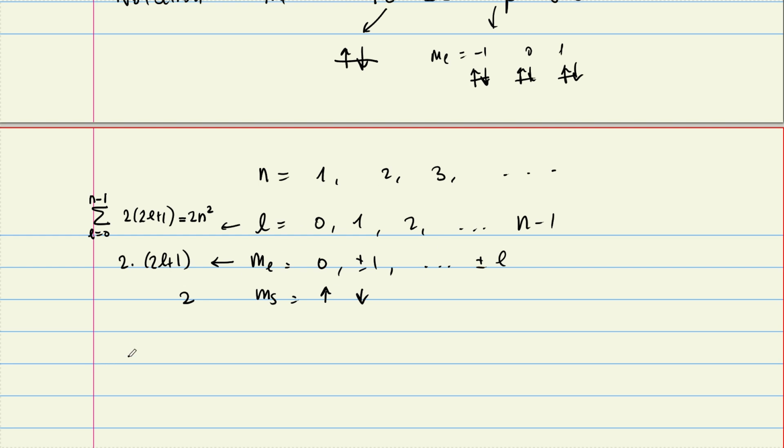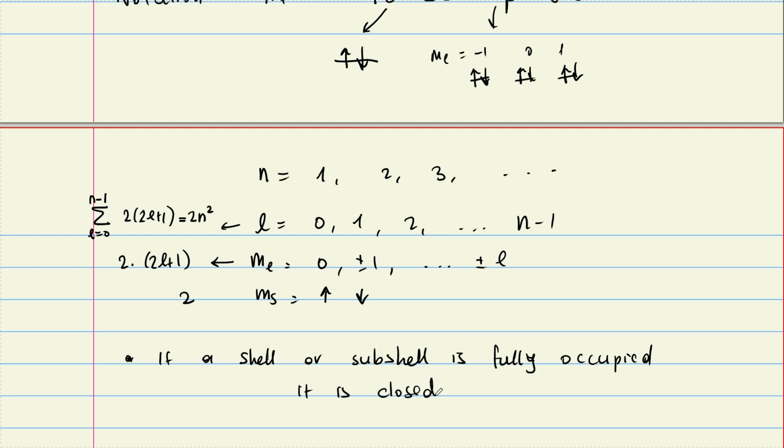So that's how we fill, and if a shell or a subshell is fully occupied, once you consume a shell or subshell, we say that it is closed. I didn't come up with this.